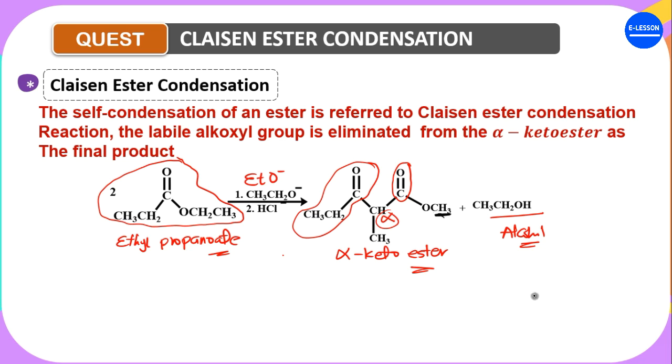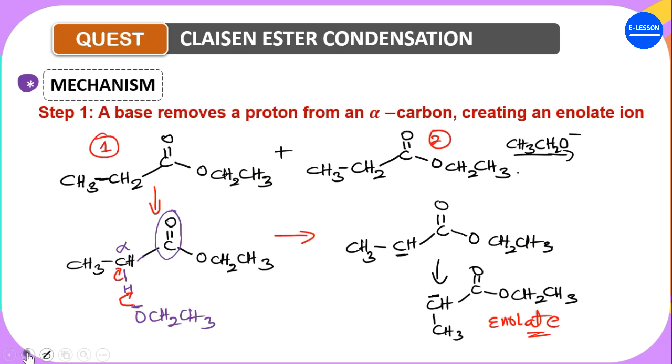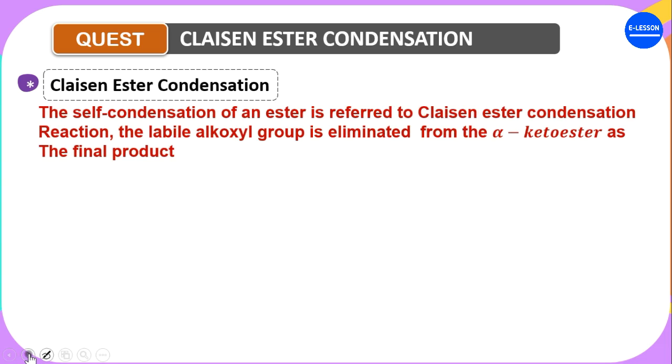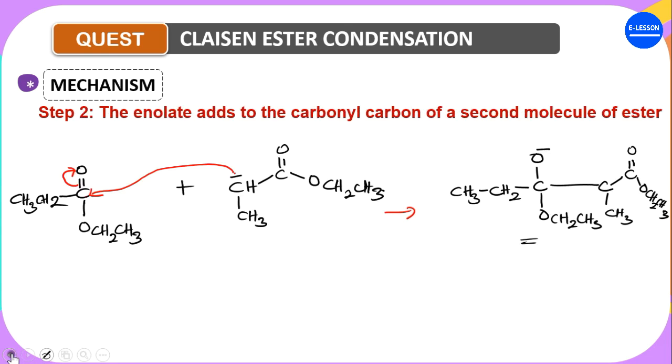There was an error here. We are supposed to have here a CH2, CH3. Sorry about that. So that is the product of this reaction, and that is how to go about any reaction on Claisen Ester condensation reaction.